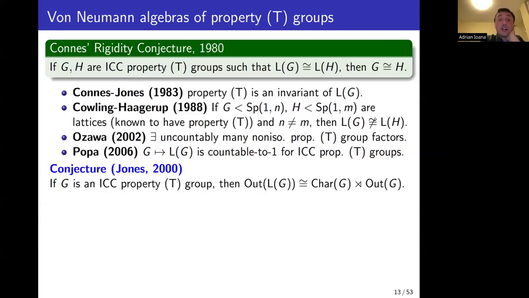So for instance, in 2000, Vaughan Jones conjectured, related to Connes' rigidity conjecture, that if G is an ICC property T group, then the outer automorphism group of L of G should be given by the semi-direct product of the character group of G and the outer automorphism group of G. So what this means really is that L of G only has automorphisms that come from automorphisms of the group and characters of the group.